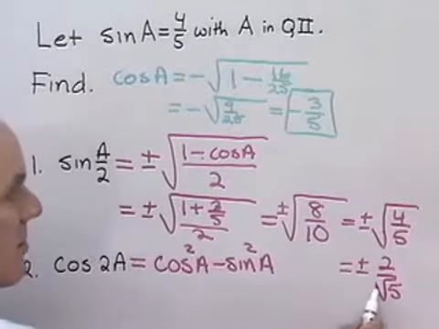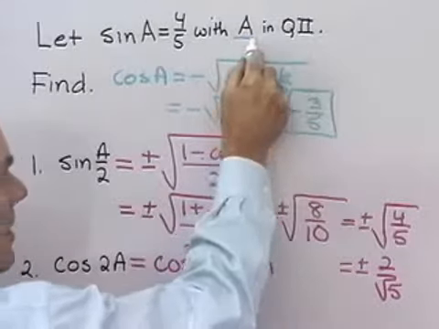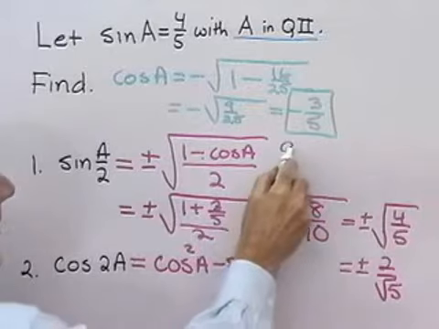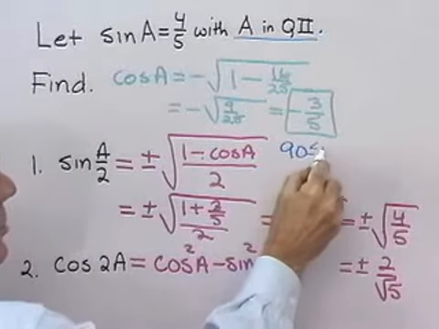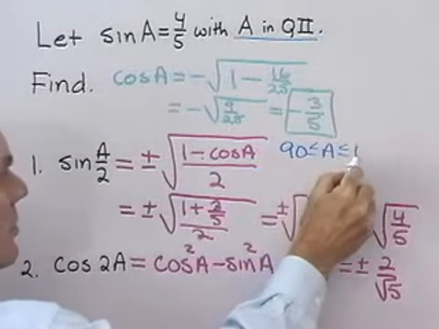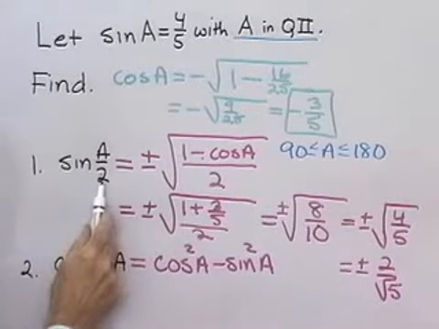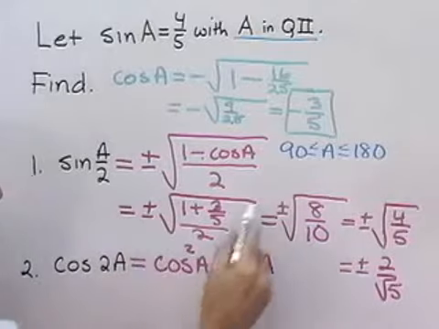So this is the answer, except I need to determine what sign this is going to be. Let me go back up here and say I know that A is in quadrant 2. That means that 90 is less than or equal to A, less than or equal to 180. What I'm looking for here is the sign of A over 2, so I need to know the quadrant that A over 2 is in.